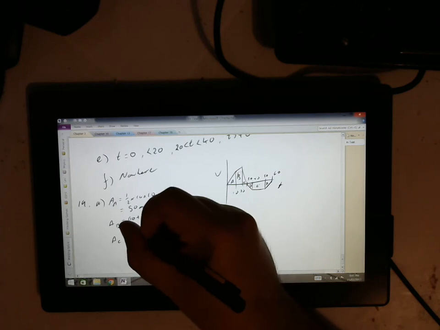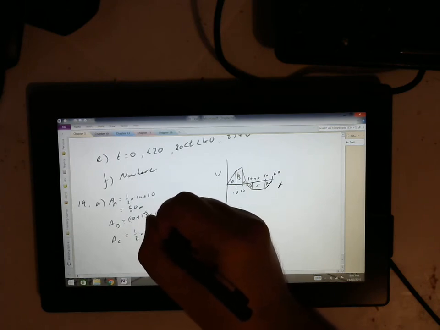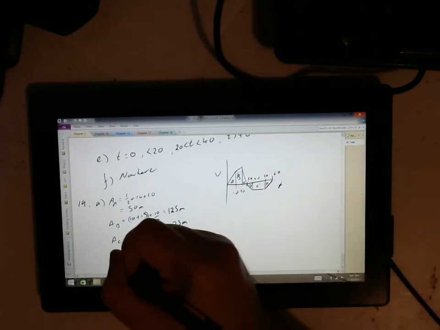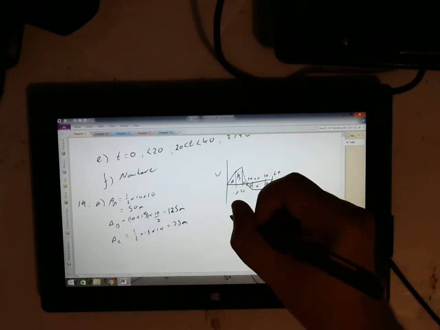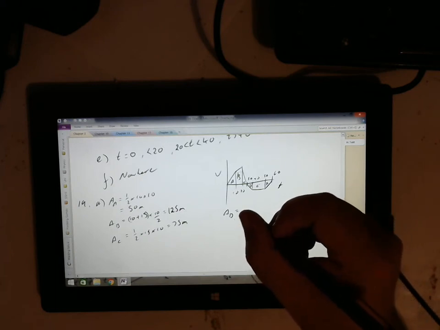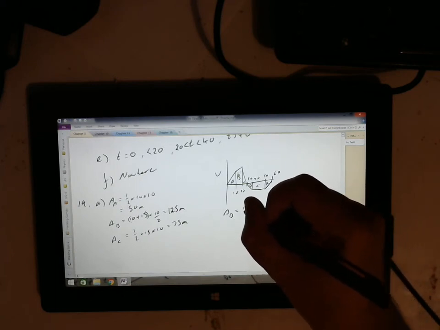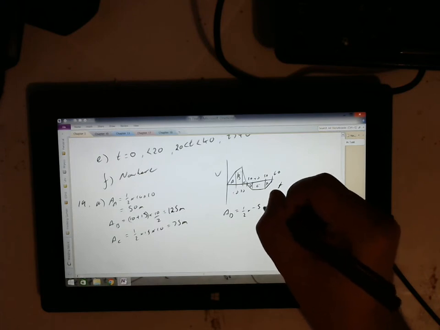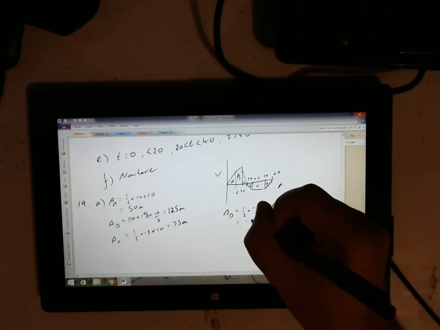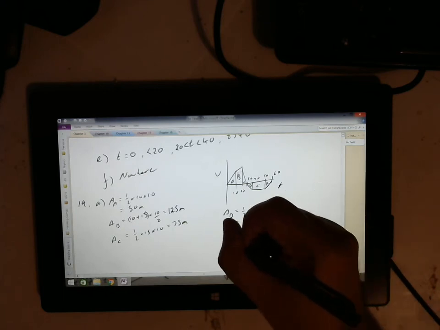C, same as before, another triangle, half times 15 times 10 equals 75 meters. Now if we get to areas D, E, and F, area D is a very small triangle. In this case, it's going to be half times -5 because it's going below, times 10 equals -25 meters.